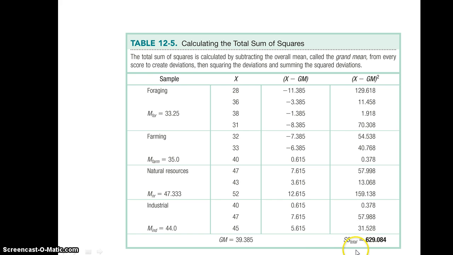Essentially, if we put the summation sign right in front of this, it's the sum of x minus the grand mean, squared, for each of these. That's what our sums of squares is.